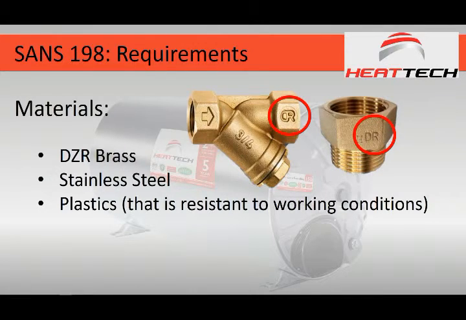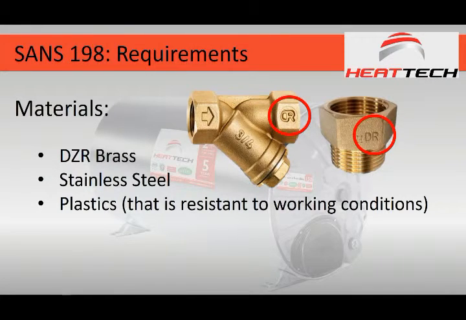Some of the requirements is material is one of the key components. Generally, DZR brass is allowed, stainless steel and plastics, various types of plastics. And understand when a plastic is allowed, the standards doesn't say you may use plastic for the product.